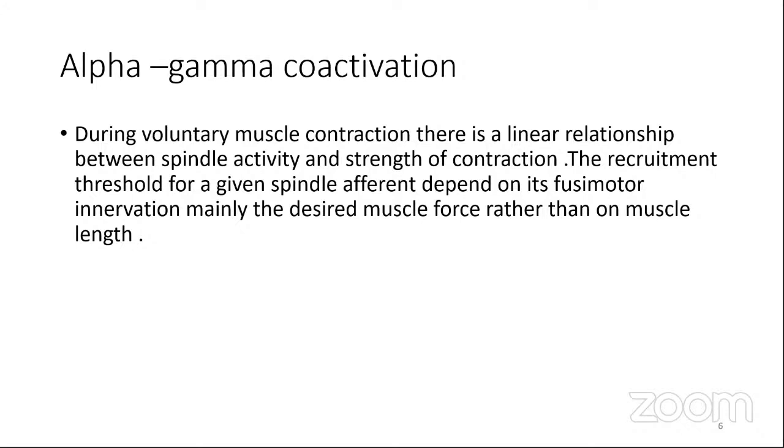That is, the muscle spindles, as you know, have the afferent nerves, the 1A afferents and group 2 afferents. And as you know, they have motor innervation by the gamma motor neurons.